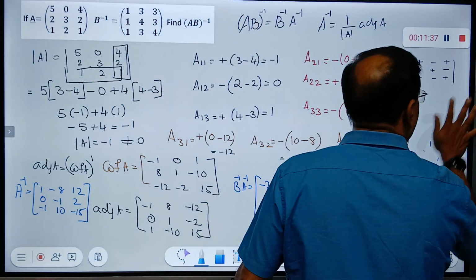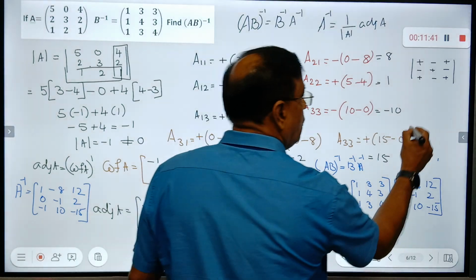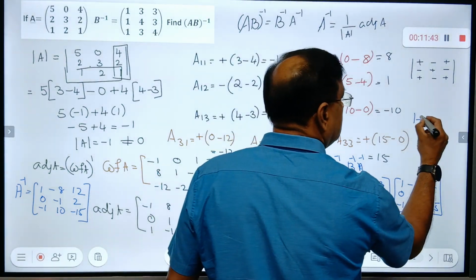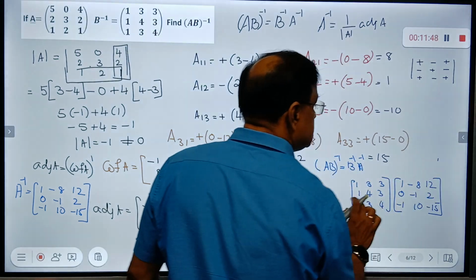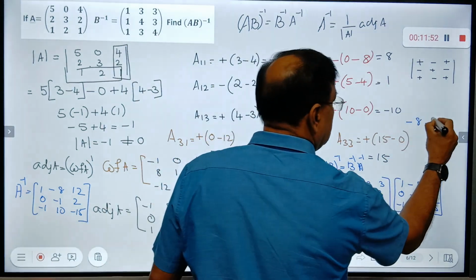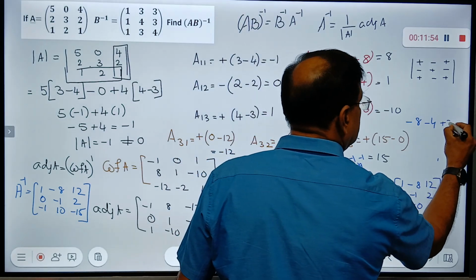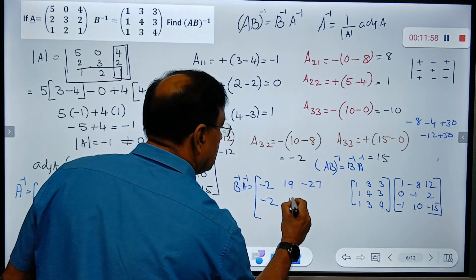Okay. And then second row, first column. What do you get? 1, 0, minus 3. So it's minus 2. Now second row, second column. What is that? Minus 8, minus 4, plus 30. This is minus 12 plus 30, so it's 18.